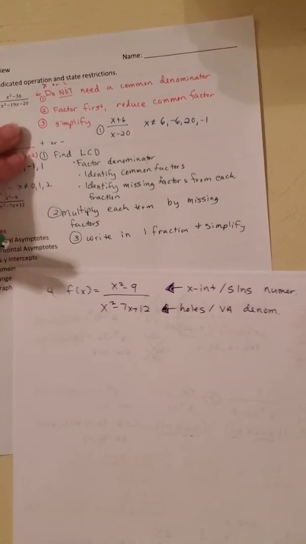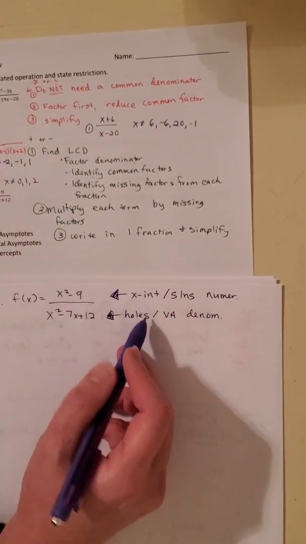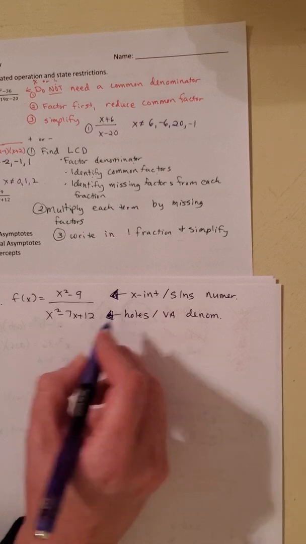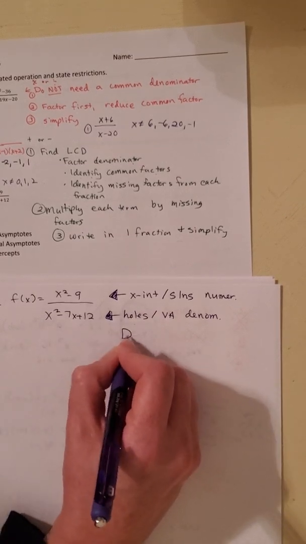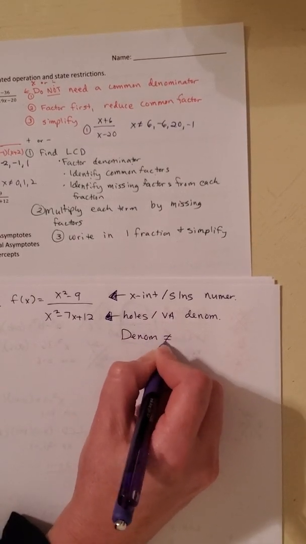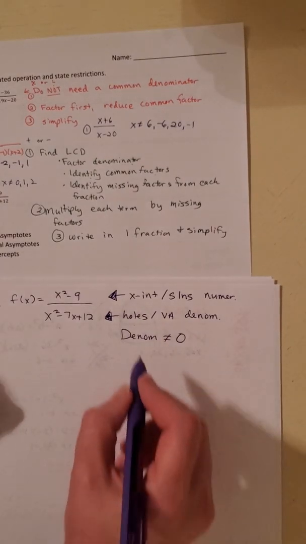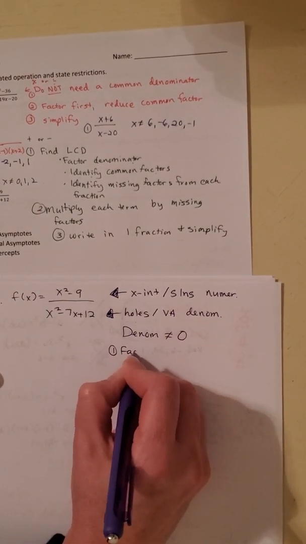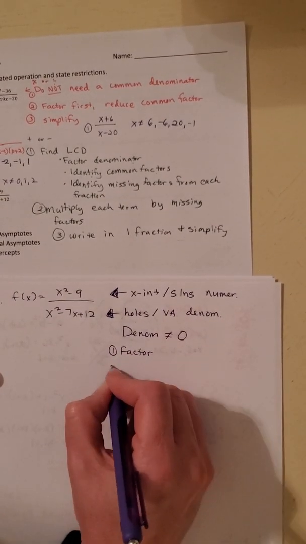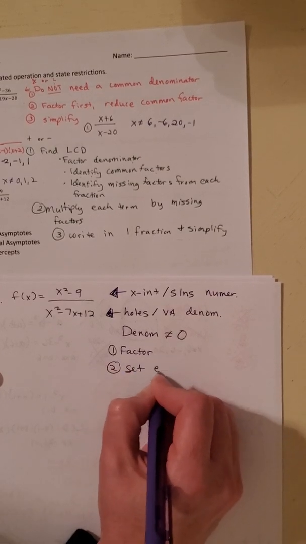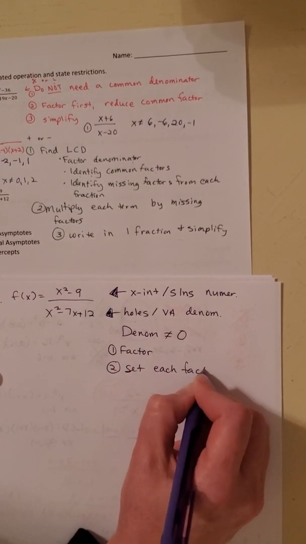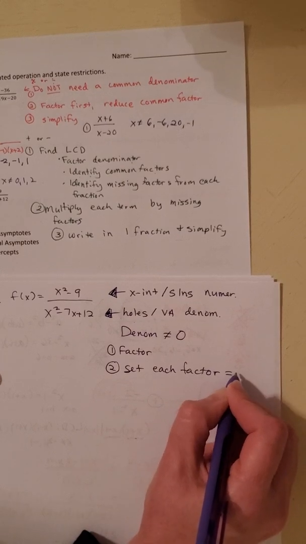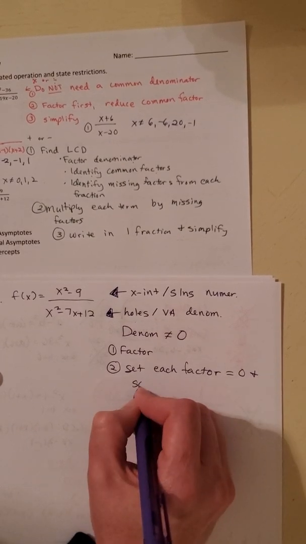All right, so the first thing I'm going to do is try to find any holes or vertical asymptotes. Remember, those happen where the denominator cannot equal 0. So to find that, I'm going to factor and then set each factor equal to 0 and solve.